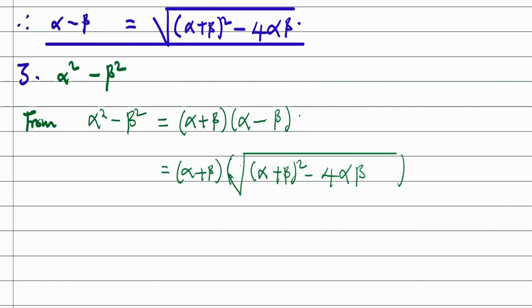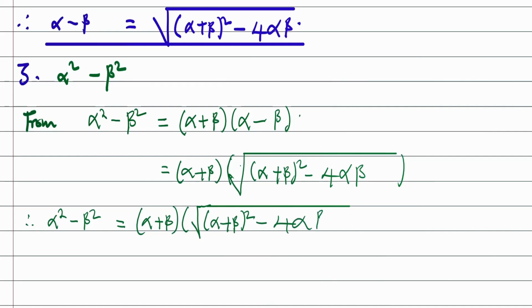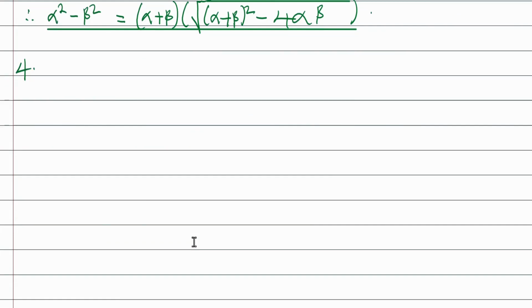The whole of it is in brackets here. We can conclude and say that therefore alpha squared minus beta squared is the same as alpha plus beta multiplied by the square root of alpha plus beta, but squared, minus 4 alpha beta. So this becomes our answer for that part. You can go for number 4.